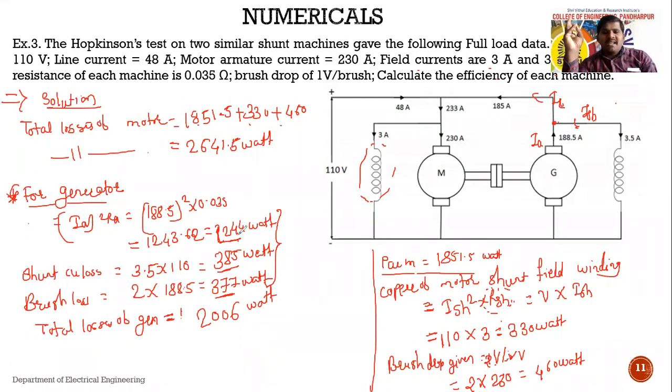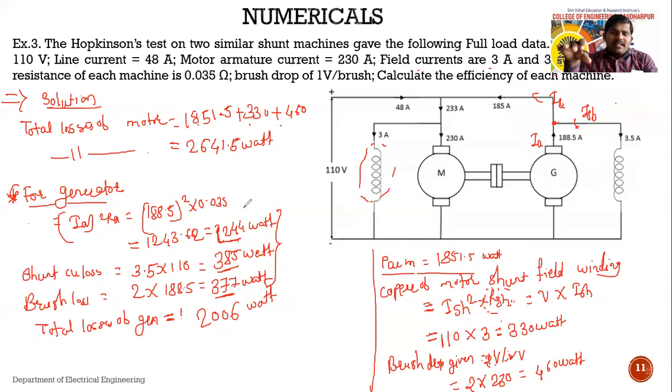See, in the first step I calculated the currents. In the second step, considering one machine we are calculating the variable losses of that machine, and considering the second machine, we are calculating the variable losses of that machine. Now we want to calculate the constant losses, then we are able to calculate the efficiency.